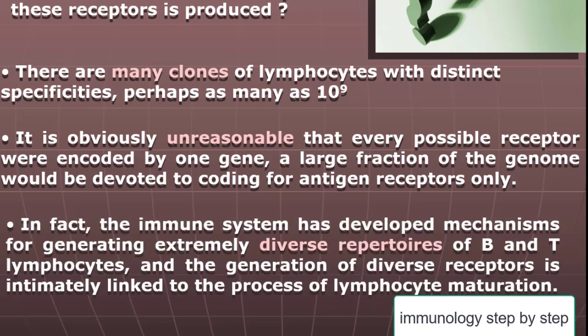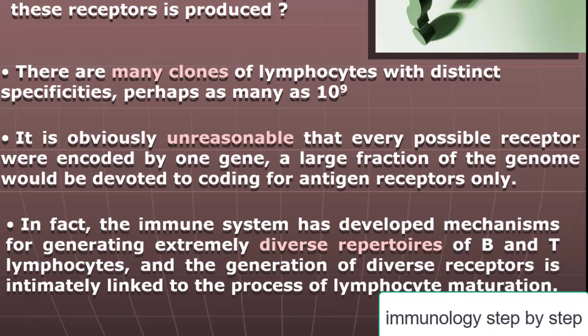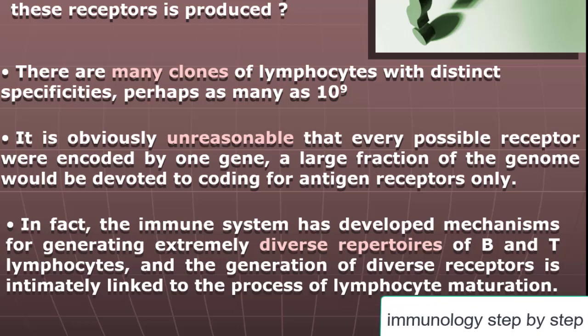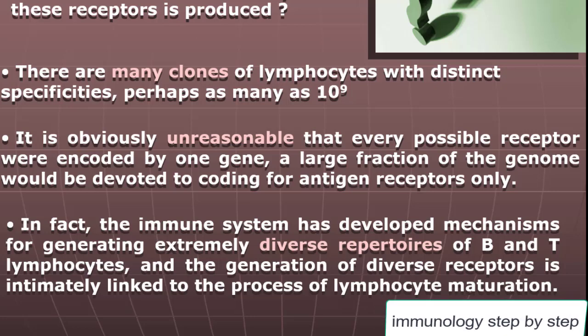In fact, the immune system has developed mechanisms for generating extremely diverse repertoires of B and T lymphocytes, and the generation of diverse receptors is intimately linked to the process of lymphocyte maturation.